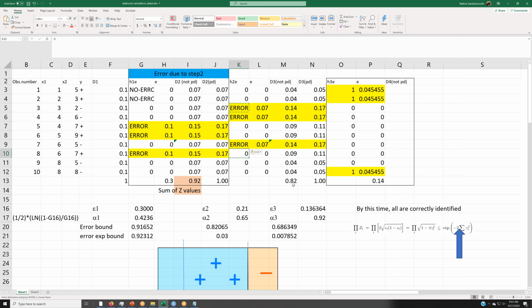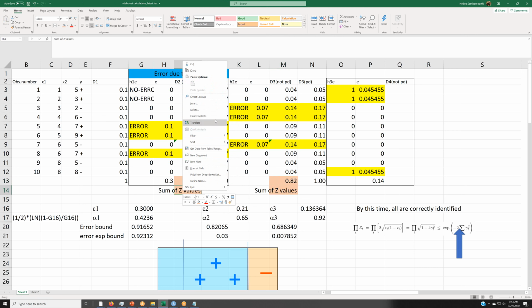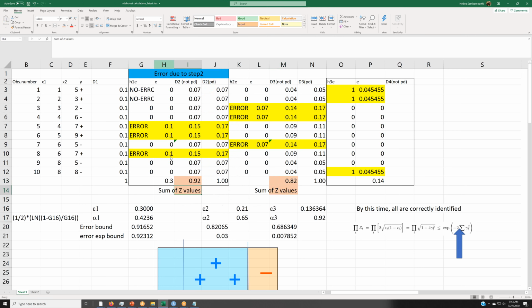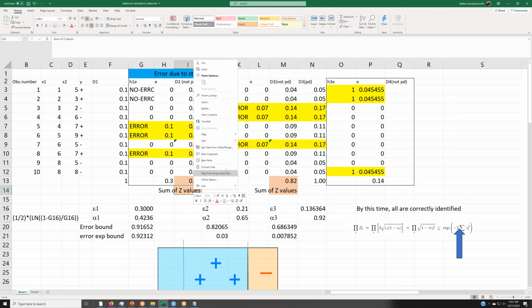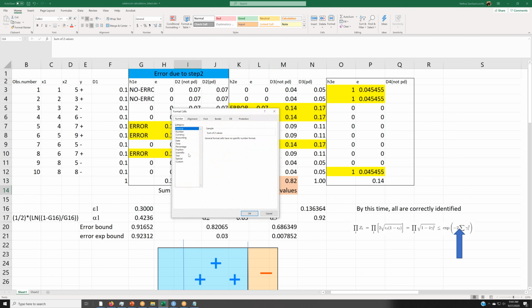And then when I normalize it with the z, this is the second z, the sum of z values, right? Remember that. This is sum of z values. This and this color, same color, right? I want to make same color. That means they mean the same thing. Sum of z values. So let me make sure that this cell is inside the bound, wrap text.